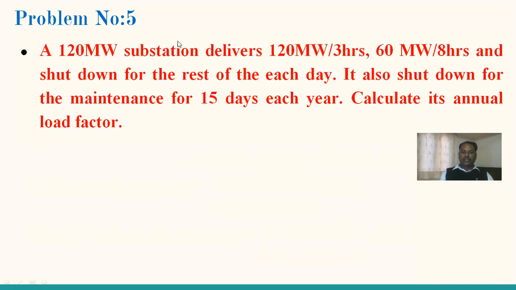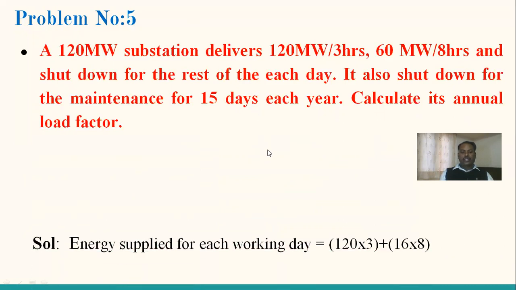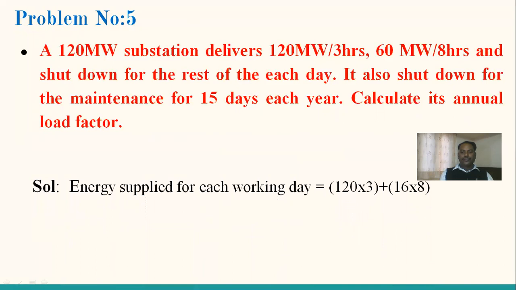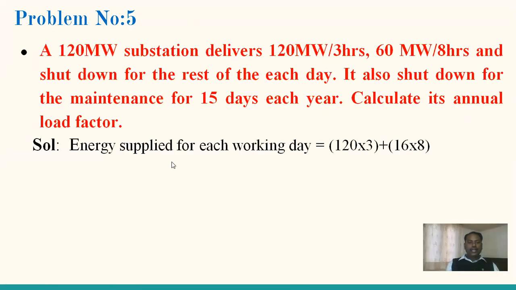We can calculate the average load and then the load factor. First, the energy supplied per working day. It works 11 hours: 120 into 3 plus 60 into 8 hours.